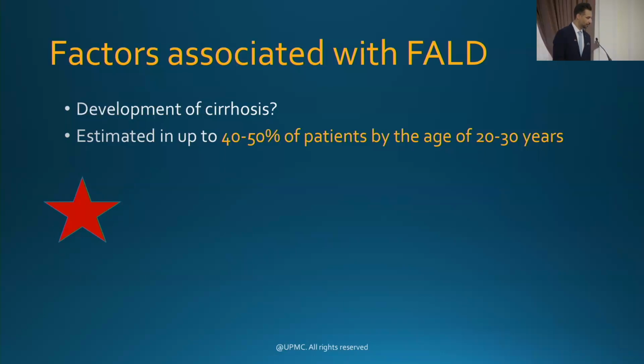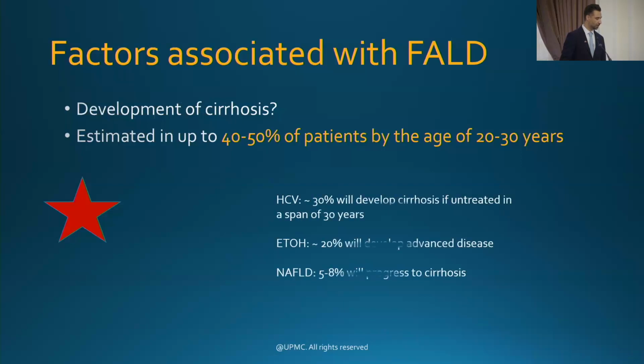The development of advanced fibrosis or cirrhosis occurs in up to 1/2 of Fontan patients by their mid-20s. That's a relatively high incidence when you look at the other most common causes of chronic liver disease in the United States. Hepatitis C, about 1/3 of patients will develop cirrhosis in a span of 30 years. Alcohol, about 20%. Fatty liver disease, about 5 to 8%.